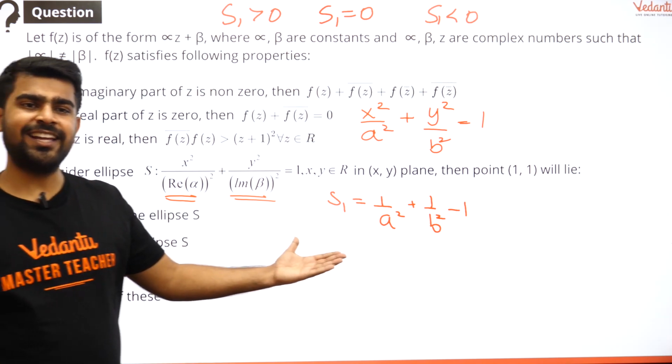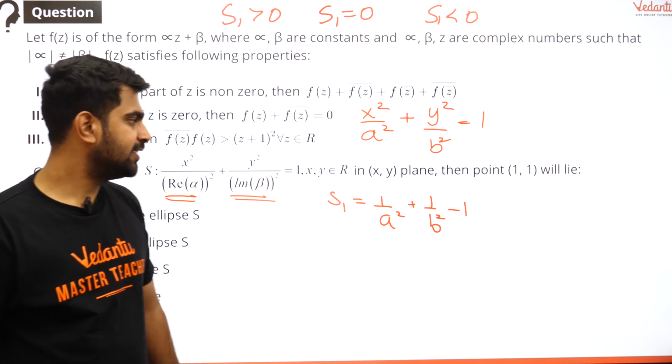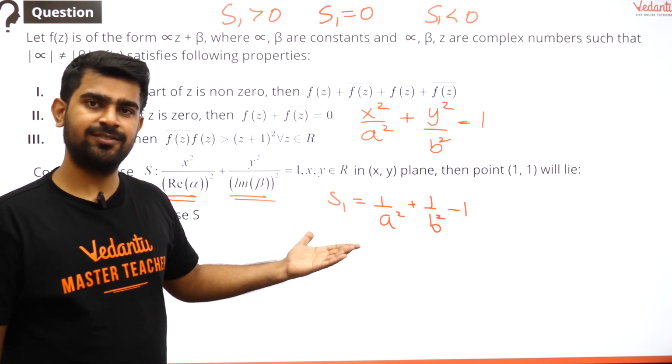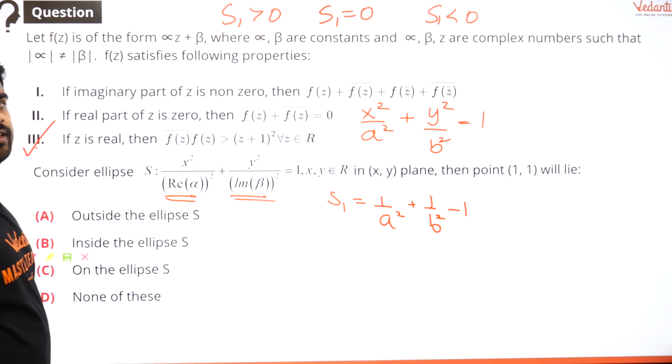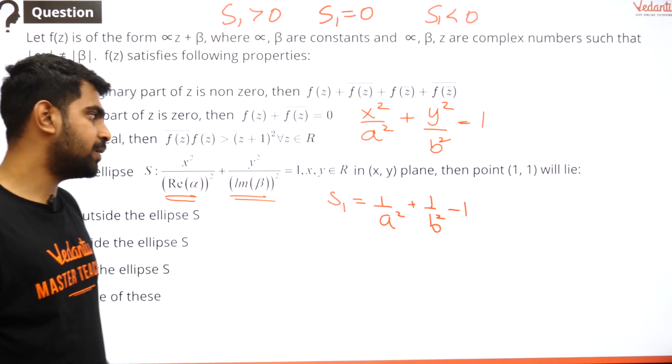Now if I look at it directly, I have no idea what is happening here, because I can't predict whether this will be greater than 0 or less than 0. Got it? But go back to the third condition which we obtained. If you made a note of it, please refer to it as I am writing it down.